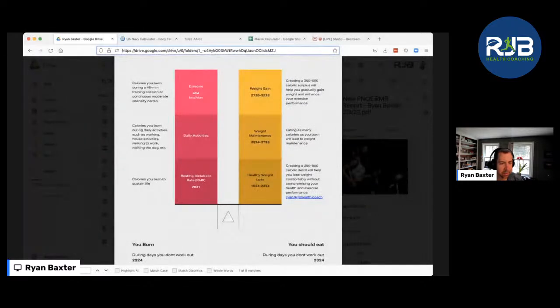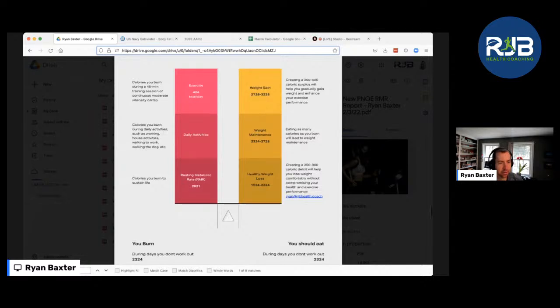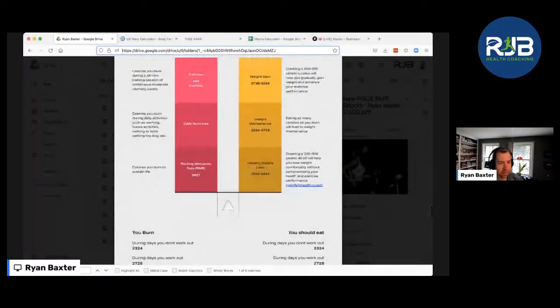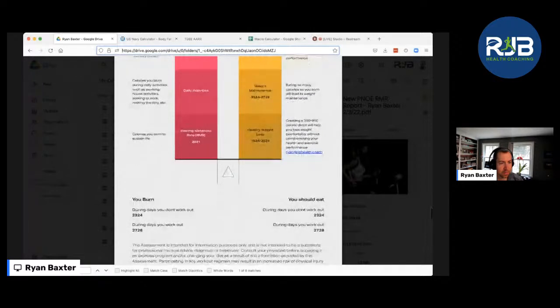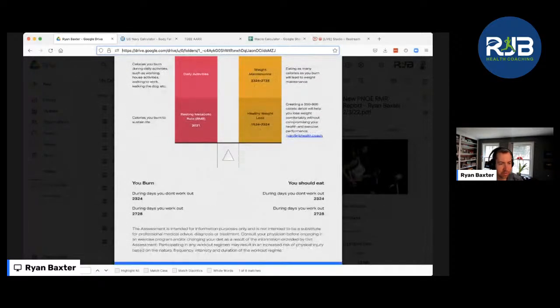You breathe into this mask. It measures the amount of carbon dioxide and oxygen you're inhaling and exhaling while you're fasted first thing in the morning, laying on the ground, basically doing nothing, and it gives you an estimation of your BMR, or basal metabolic rate.